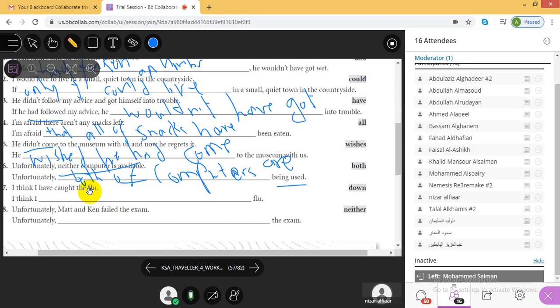Do you remember, Fahd, when you asked me about these idioms? Do you remember when you asked me in the previous class about the meaning of idioms, when you asked me what I mean by come down with? Come down with means when someone catches an illness or a disease. Like that one. I think I have caught the flu.